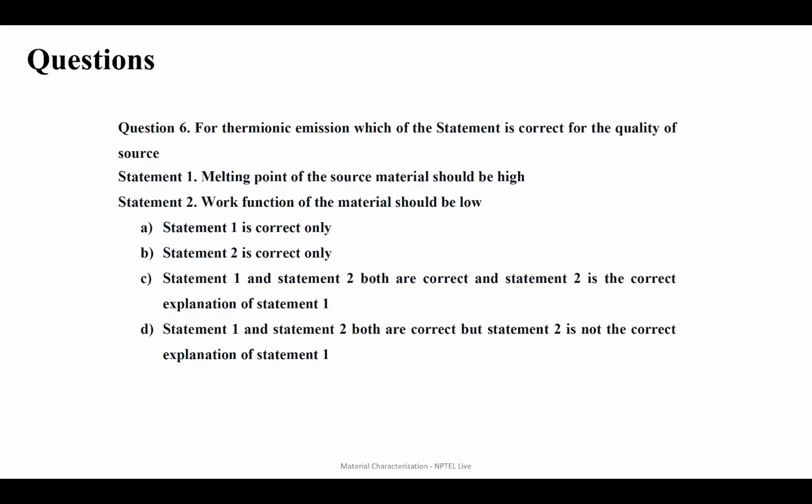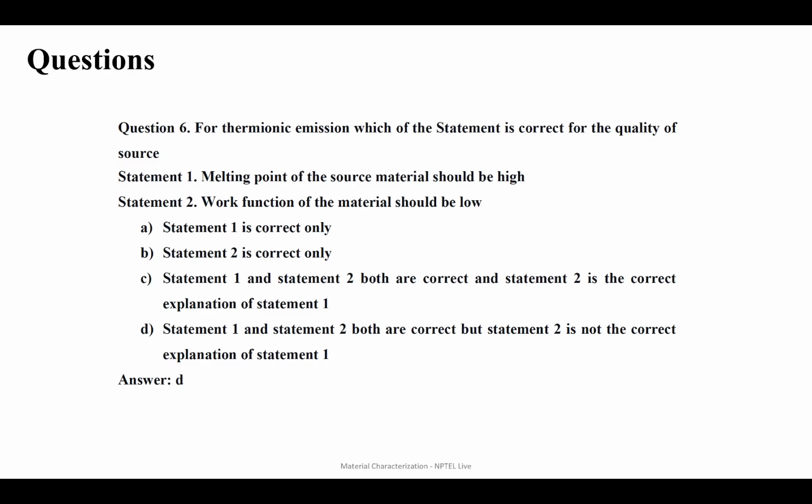Statement 2: Work function of the material should be low. 1 is correct only, 2 is correct only, both are correct and 2 is the correct explanation of 1, both are correct but 2 is not the correct explanation of 1. So the correct answer to this is D.